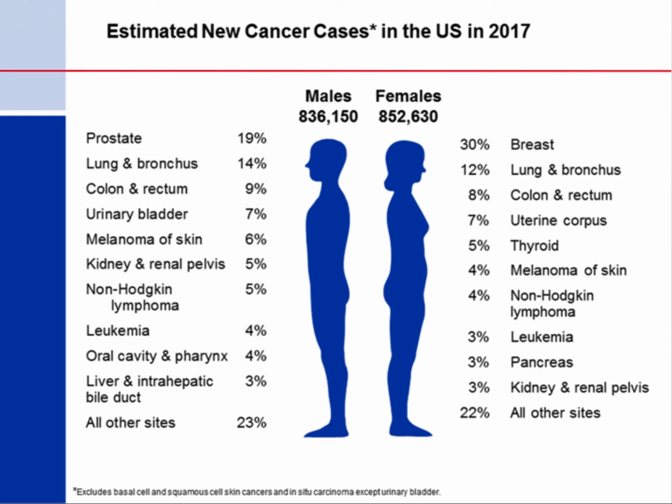So when we look at estimated new cancer cases in the United States, and not to compare and contrast too much, but just to give you a sense, where does non-Hodgkin's lymphoma fall, with males on the left and females on the right, you see non-Hodgkin's falling 7th on the list. Yes, it's 7th, but within that 5 and 4% of cancers diagnosed in the United States, it's very heterogeneous.